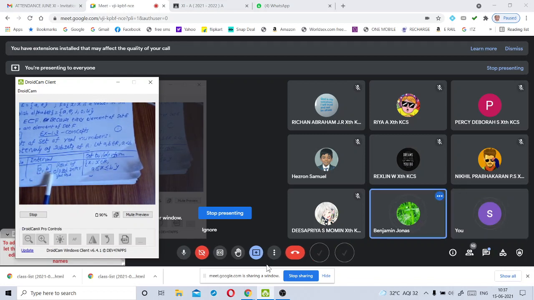Closed interval a comma b. Set builder form: set of all x such that x belongs to R. Benjamin, listen carefully.